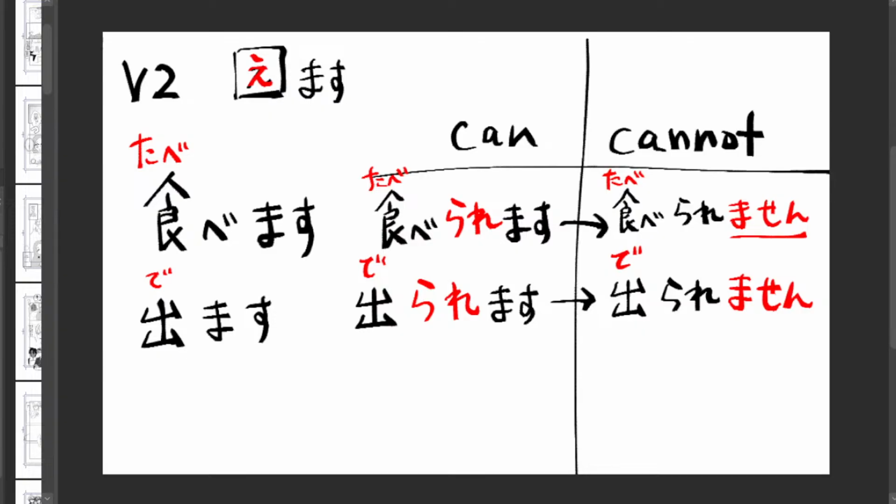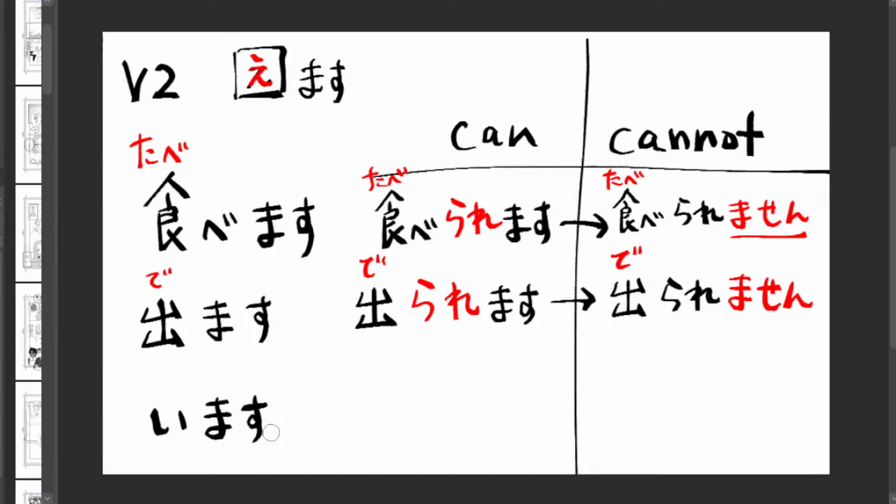What else? Another verb from V2. Tabemasu, demasu, oh yes, imasu, which means to be. For example, I am at the office. Watashi wa ofisu ni imasu.